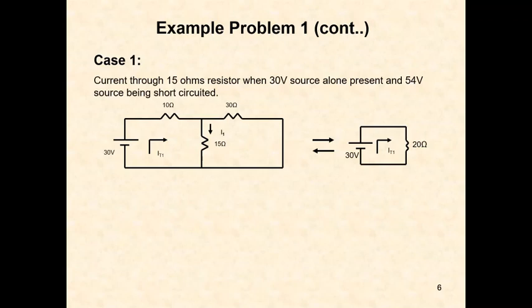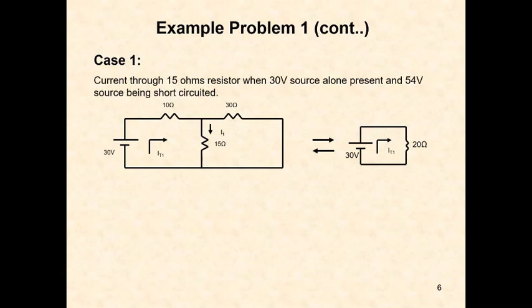According to the theorem, we have to short circuit one of the voltage sources and find the current. So first short circuit one voltage source, here the 54 volt one, leaving 30 volts. Then the equivalent circuit becomes 10 ohms plus 30 ohms in parallel with 15 ohms.